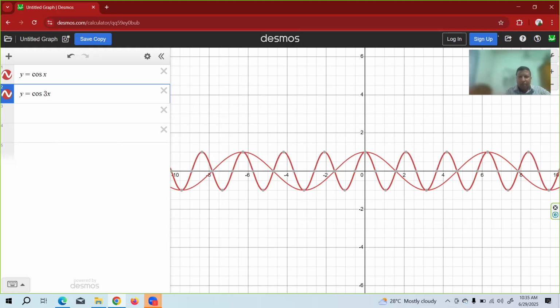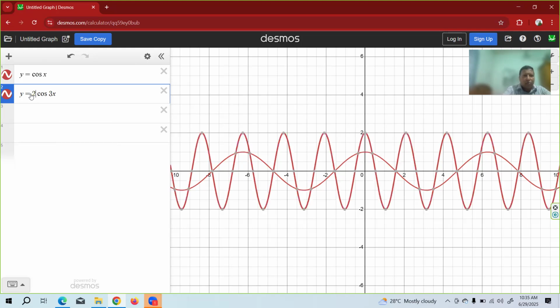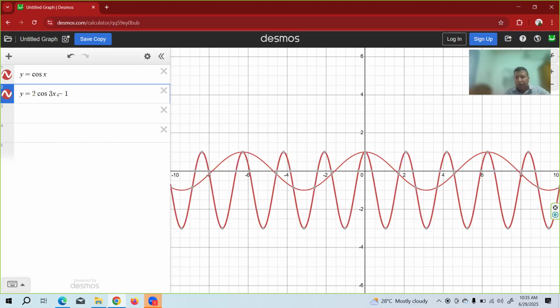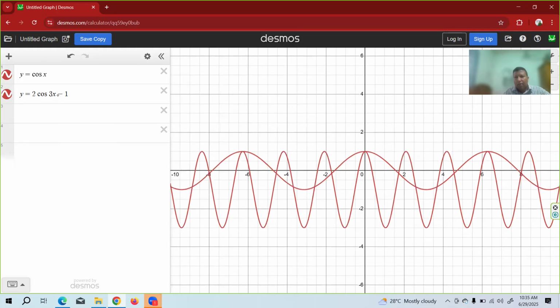This curve is like this. And if we enter y equals 2 cos 3x, it is like this. But finally, with minus 1, it will be like this. So the principal axis will be y equals minus 1. From here, the difference to the maximum point is 2, and the minimum point difference is also 2. So our amplitude will be 2, and the period will be 120 degrees.